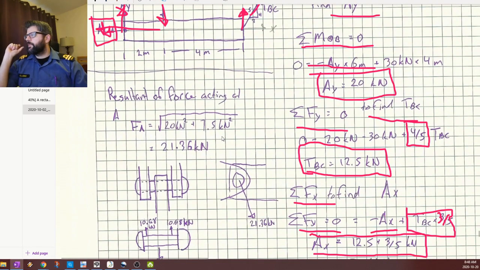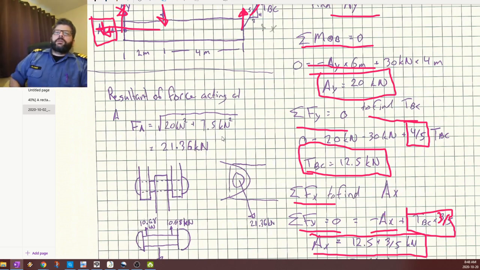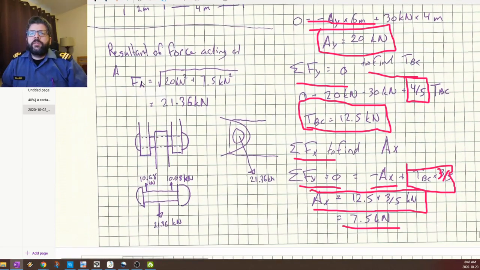So if we want to find how that's affecting the shear at the pins, for the pin at A, we're going to have to find the resultant of those forces acting at A. So the magnitude of that is the square root of 20 kilonewtons squared plus 7.5 kilonewtons squared.